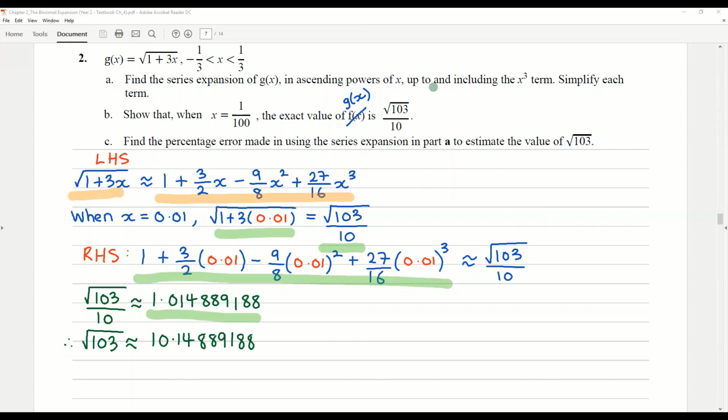So how good is it? Is it close to the real thing? Well, we need to work out the real thing. Your calculator will do that. You'll just have to press the SD button once you've typed in the square root of 103.